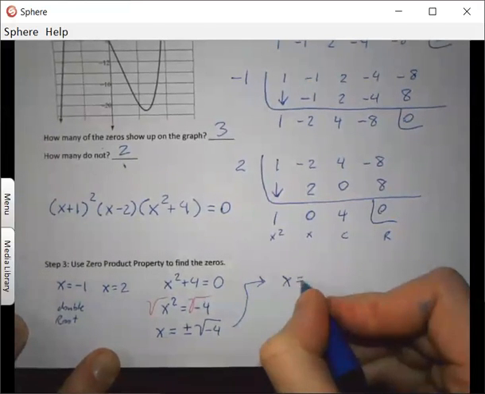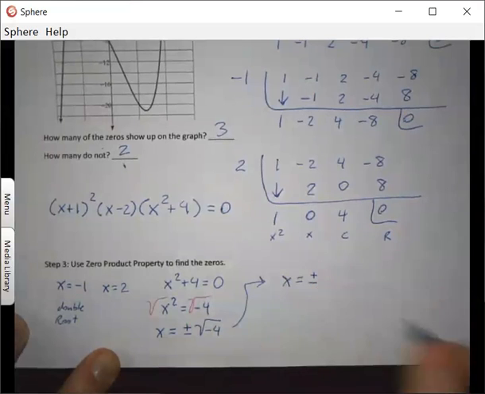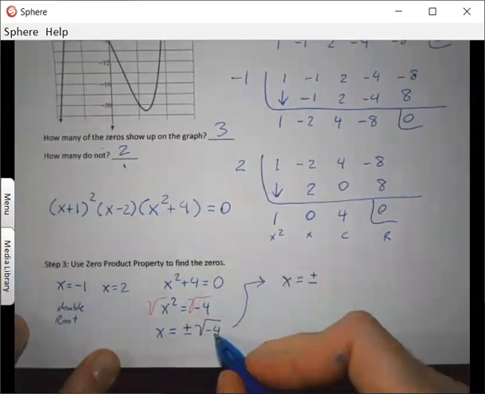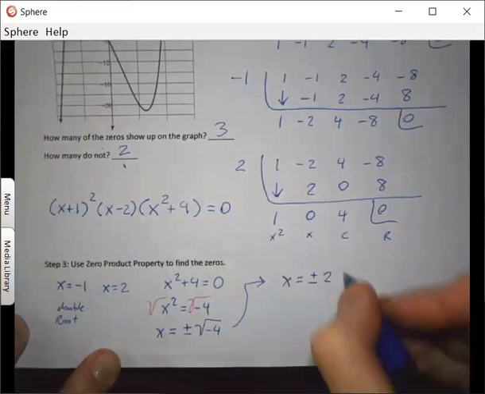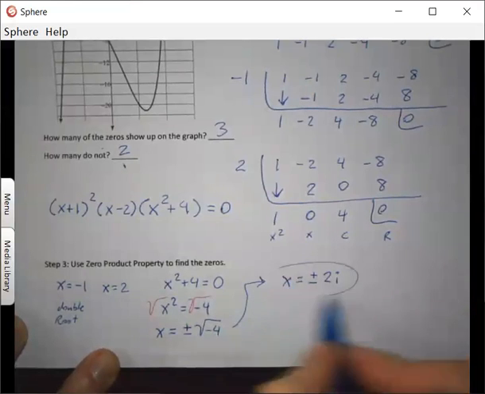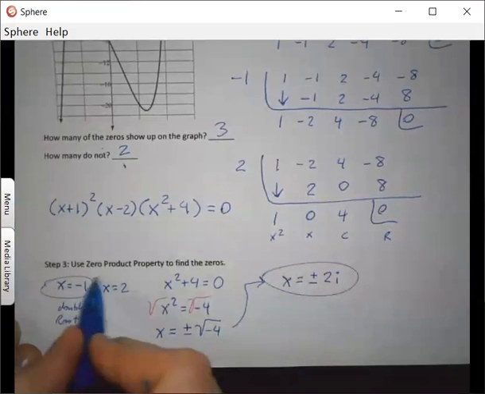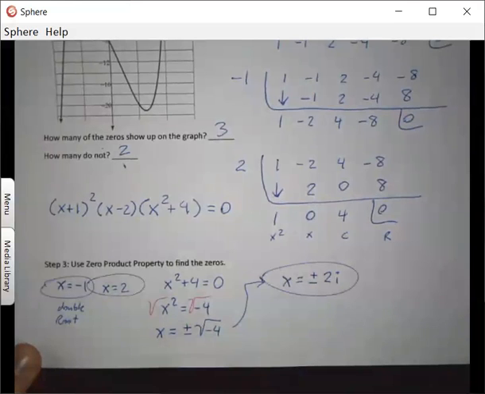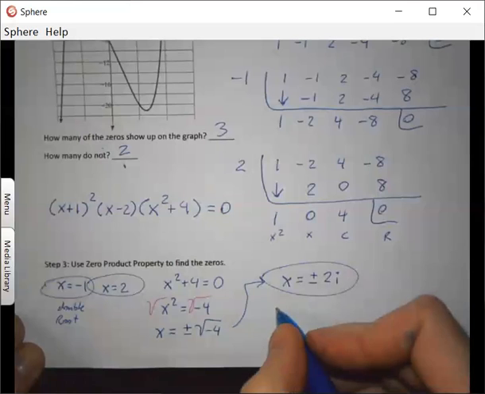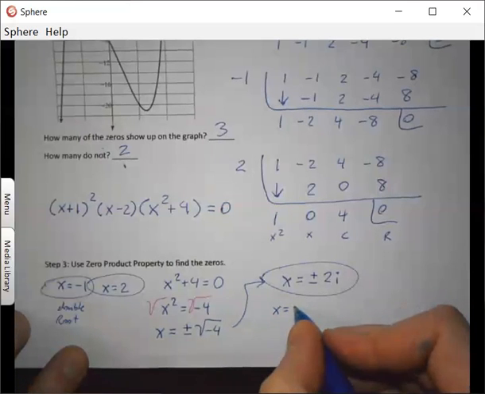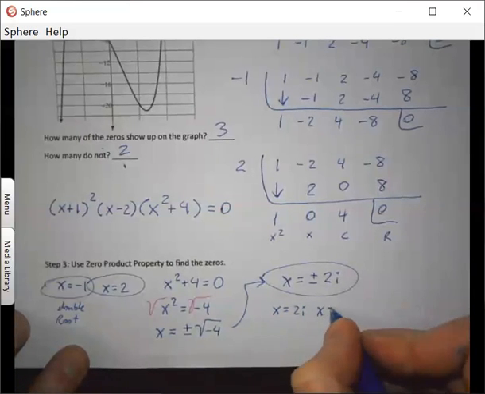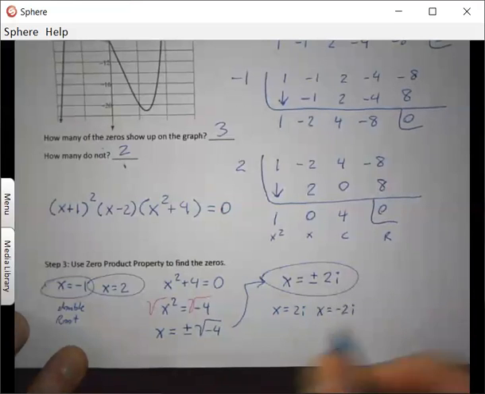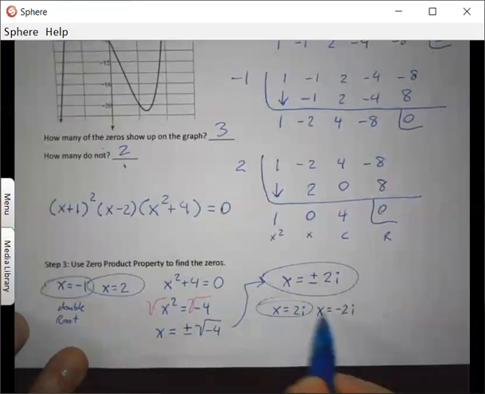So x is equal to plus or minus the square root of 4, which is 2, and the square root of -1, which is i. So double root, single root, and then this is 2. So x equals 2i, and x equals -2i. That gives me my 5 roots.